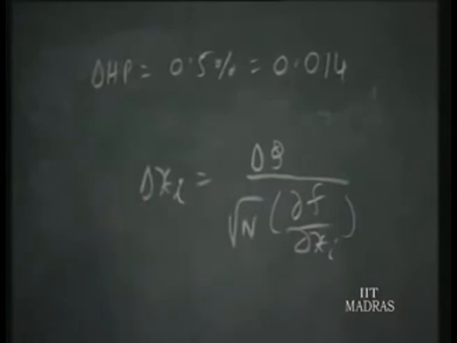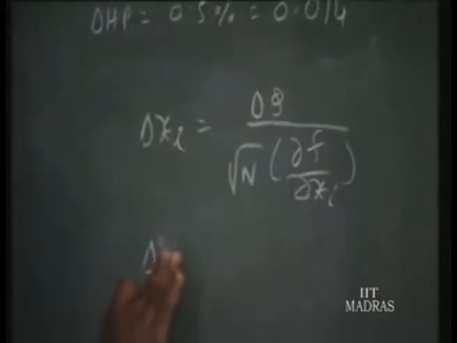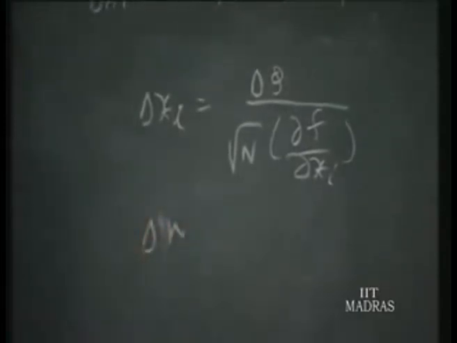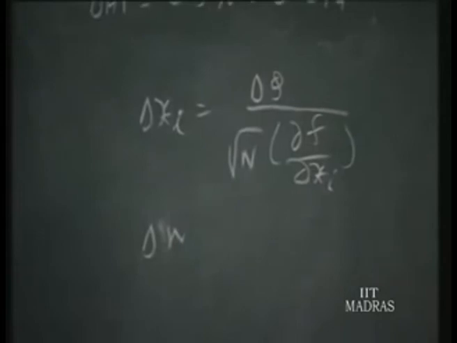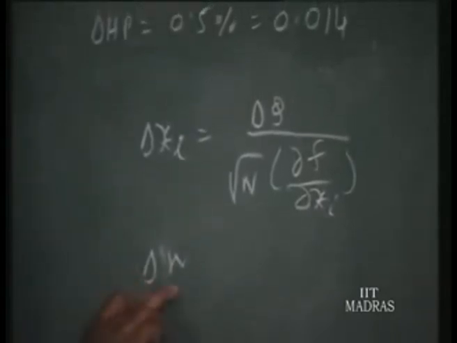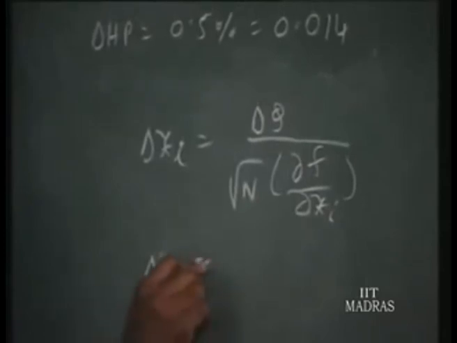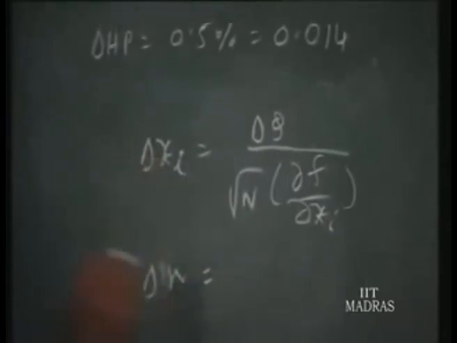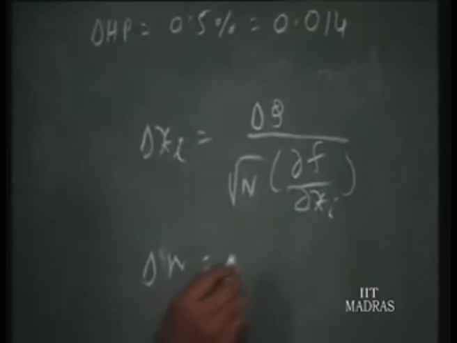Now, consider this equation for the parameter, for example, delta n for the RPM rotation measurement, that is, the error in the instrument measuring the rotations. The xi term here is n, the rotations.